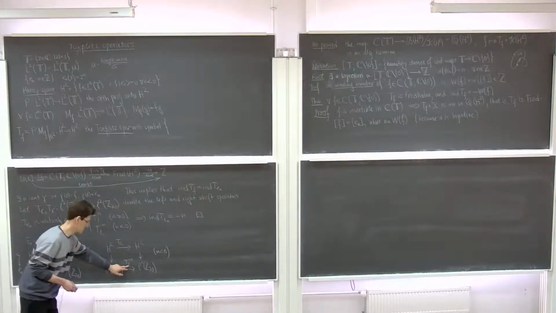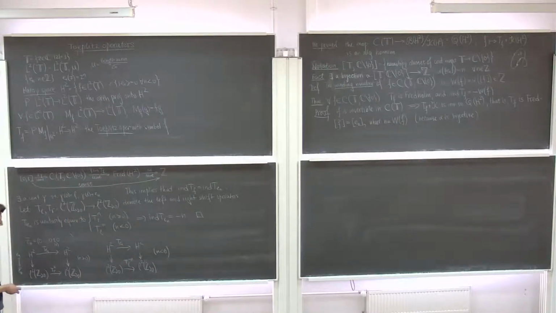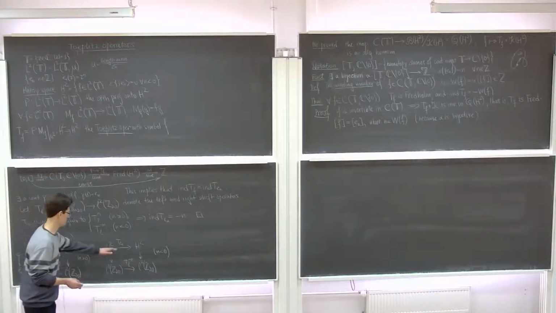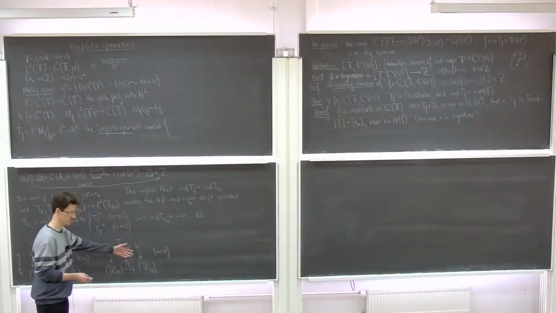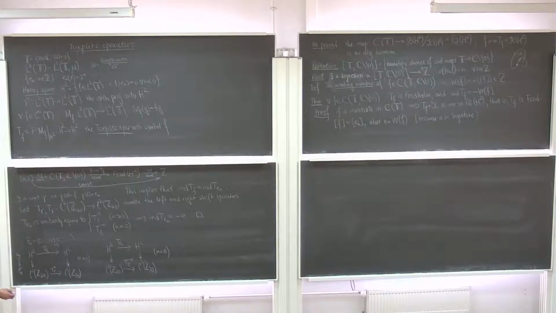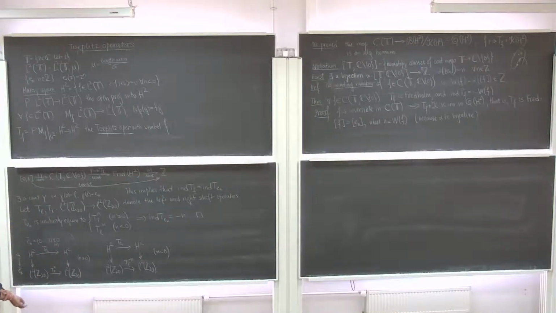And this operator also takes e_j bar to 0. So we see that the action of this operator on the basis e_j is the same as the action of this operator on the basis e_j bar. And so the diagram is commutative, so the operators are unitarily equivalent and their indices are the same.